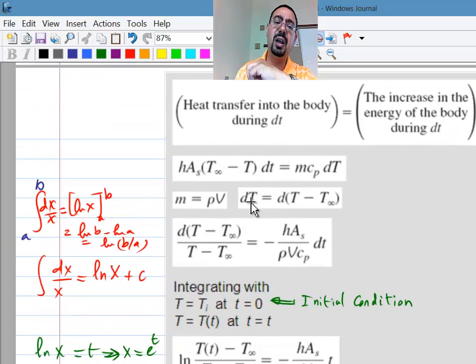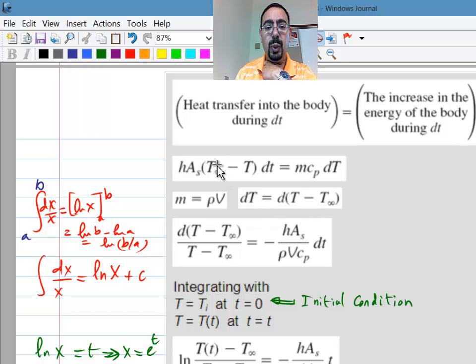So he will change the variables. Basically, rather than saying it's dT, we can make it d(T minus T infinity). So for example, if I'm integrating dx, it's the same as d(x minus 5), because when you differentiate the constant, you get 0, nothing. All right? So this temperature differential can be written as d(T minus T infinity). Why is he doing this?